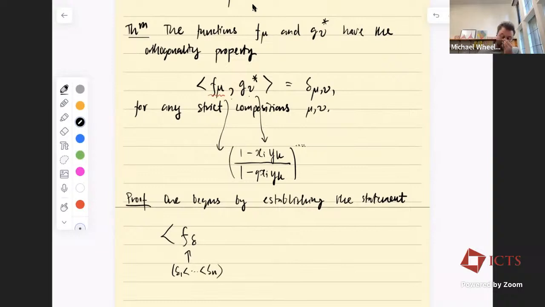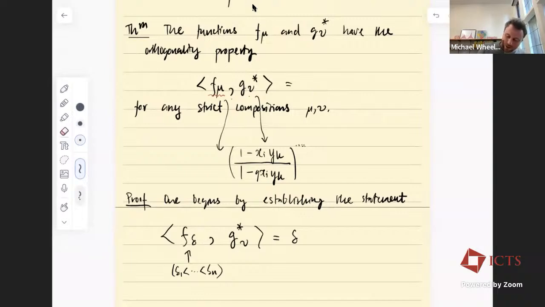I take the scalar product of f_delta with a generic g. One begins by establishing that this is equal to the indicator that mu is equal to nu.